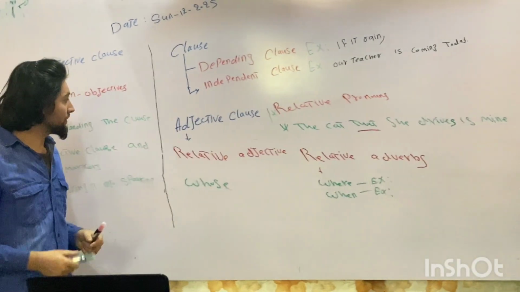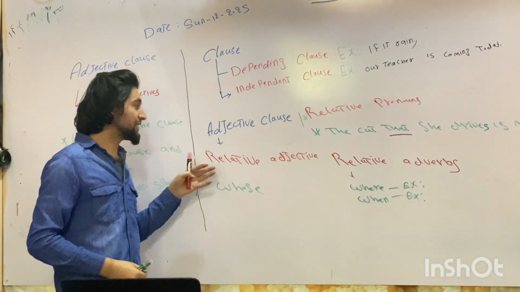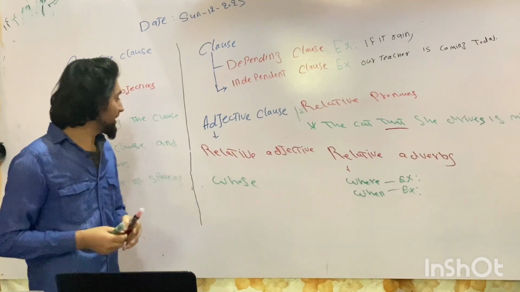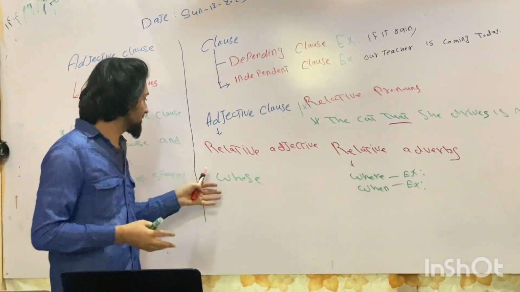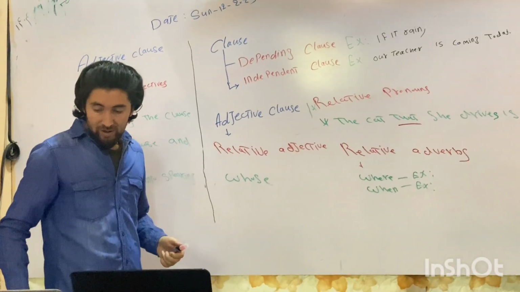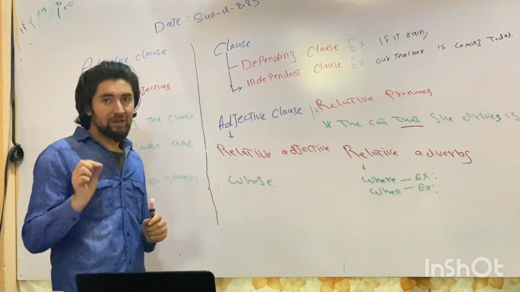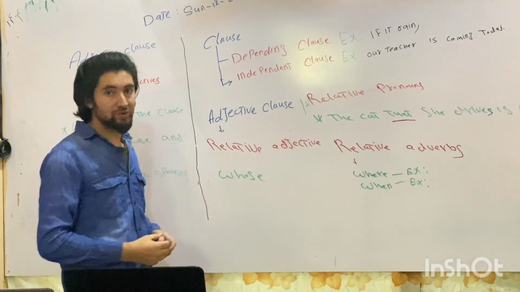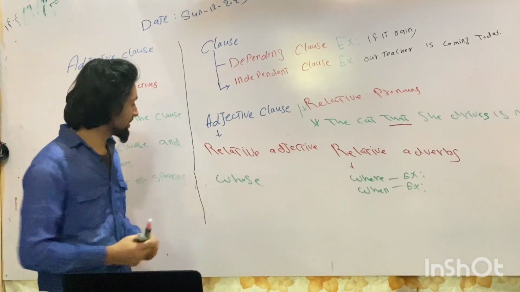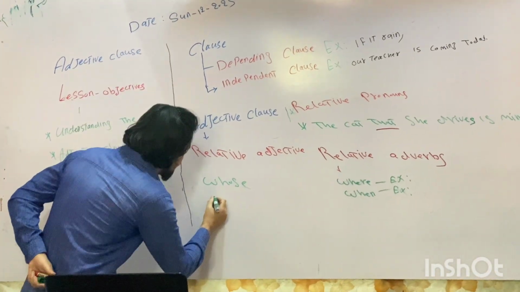Now let's talk about relative adjective and how a relative adjective can identify the adjective clause. Here we have only one marker, which is whose. I can establish an example for you.